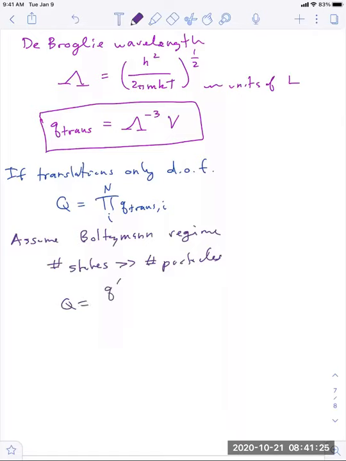And we can write our big Q equals small q, which is just the translational partition function raised to the nth power divided by n factorial.